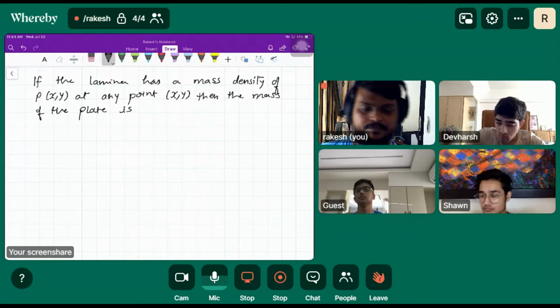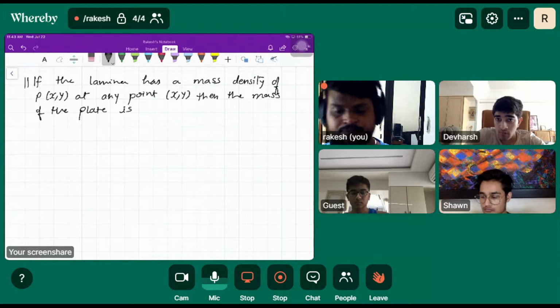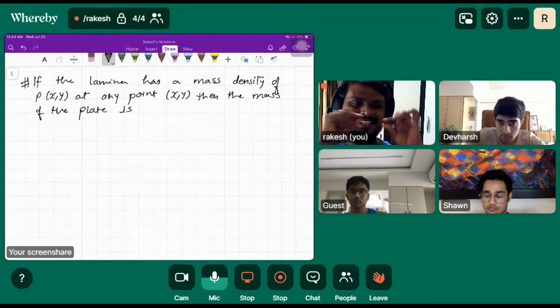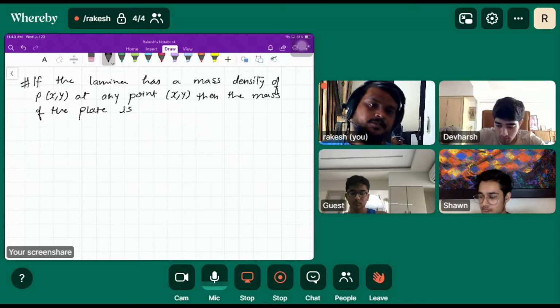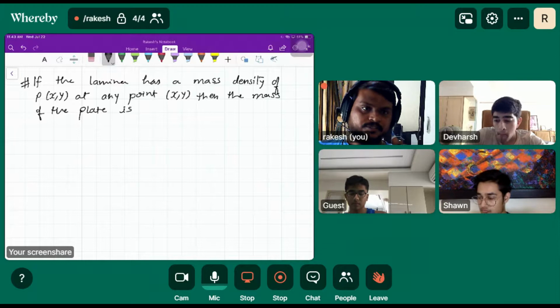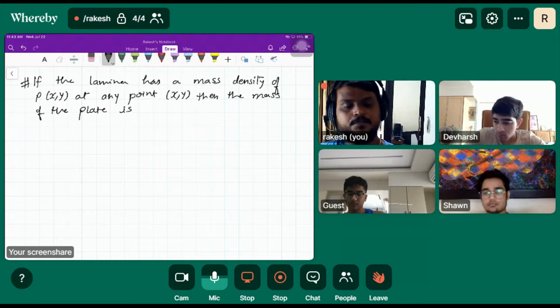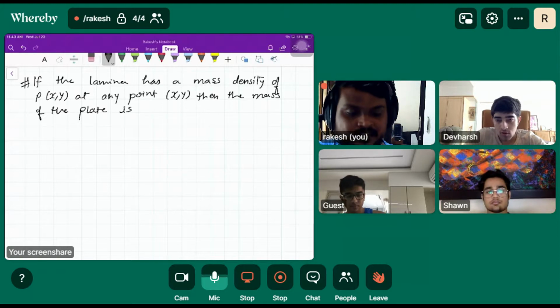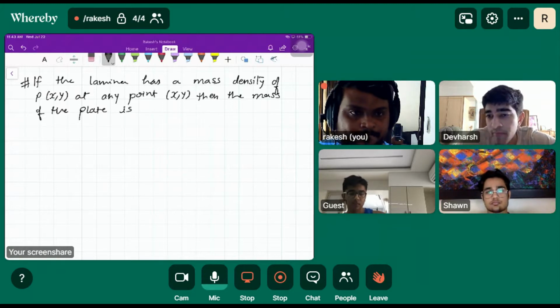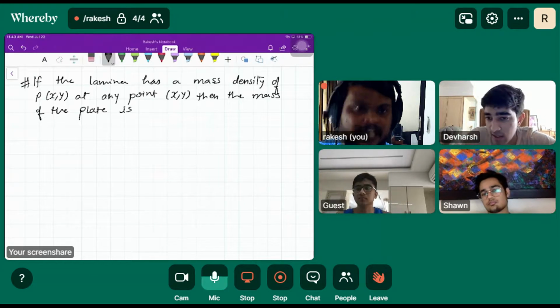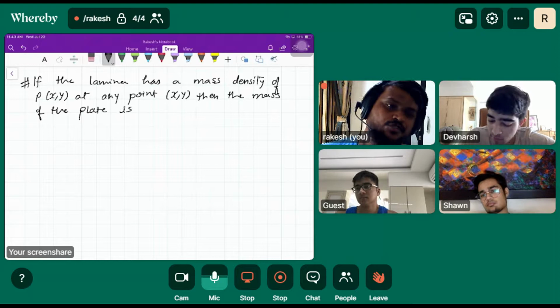So what is lamina, first of all? Lamina is a very thin plate, super thin, where the thickness, the z, is considered negligible, because its height tends to 0.